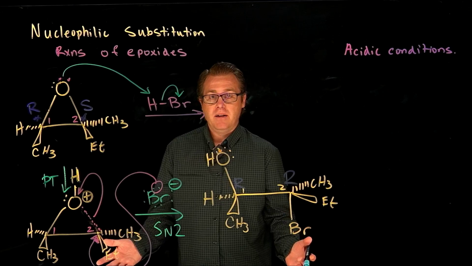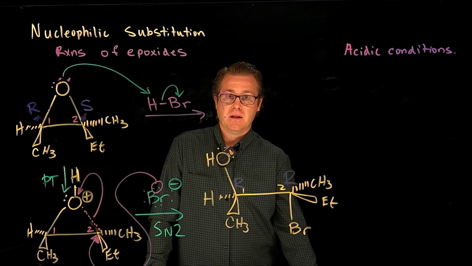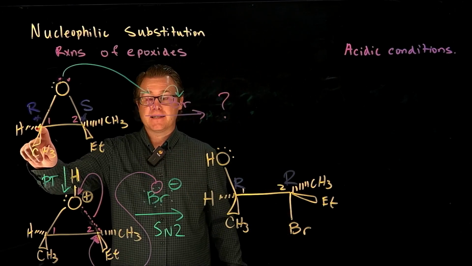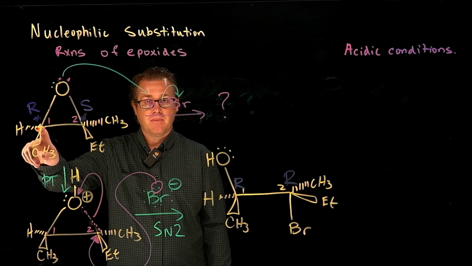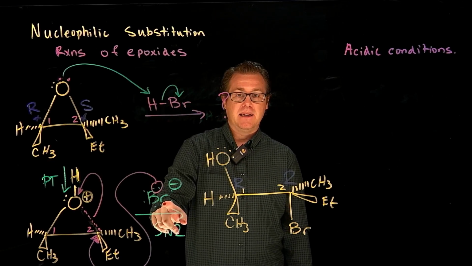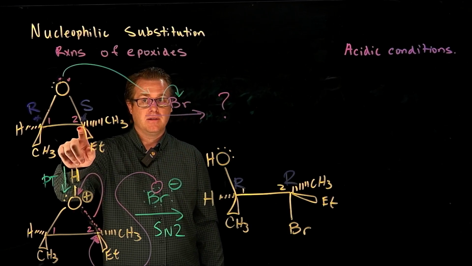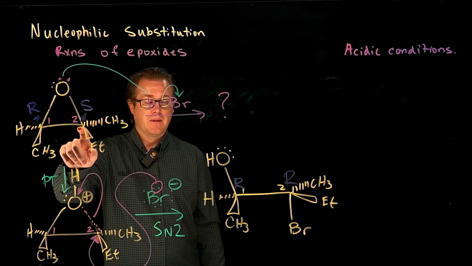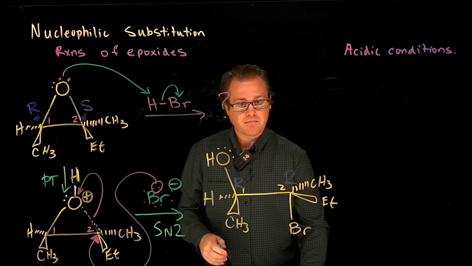So in summary, under neutral or basic conditions, the attacking species is going to attack at the less substituted carbon due to a steric argument. Under acidic conditions, the attacking species is going to attack the more substituted carbon. And that is due to an electronics argument. Okay? So let's talk about that electronics argument next.